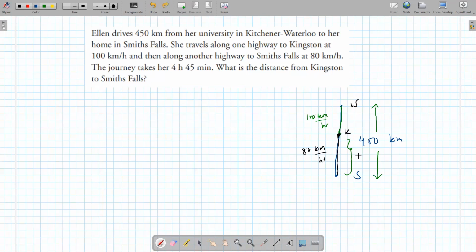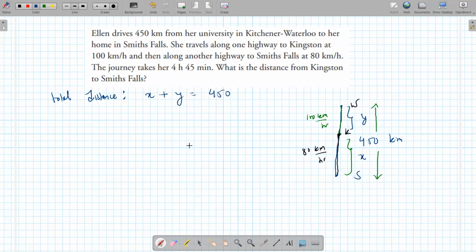That means this is gonna be our y, the distance from Waterloo to Kingston. Cool? There's gonna be two equations for this one as well. What's the total distance equation in terms of x and y? 450. Yeah, so it's gonna be x plus y equals 450. That is our first equation.